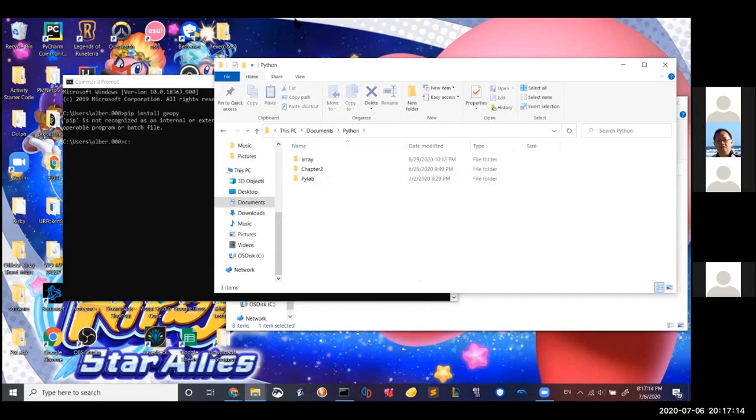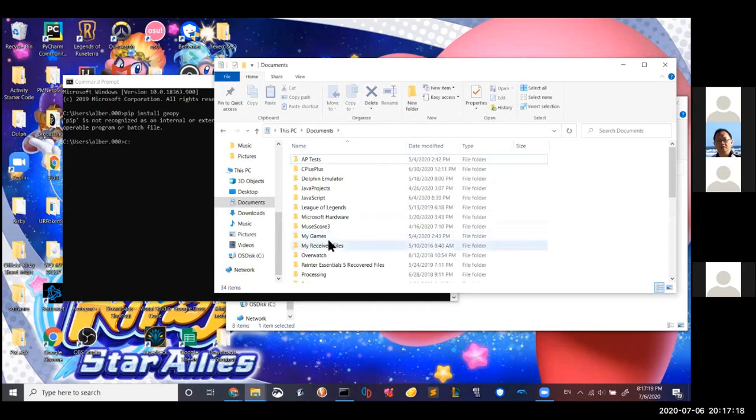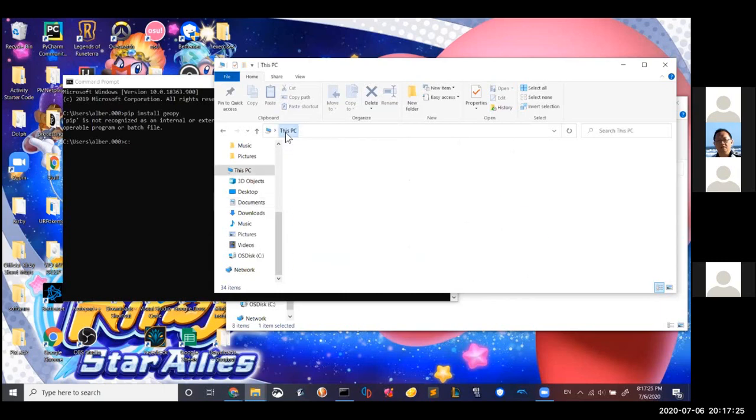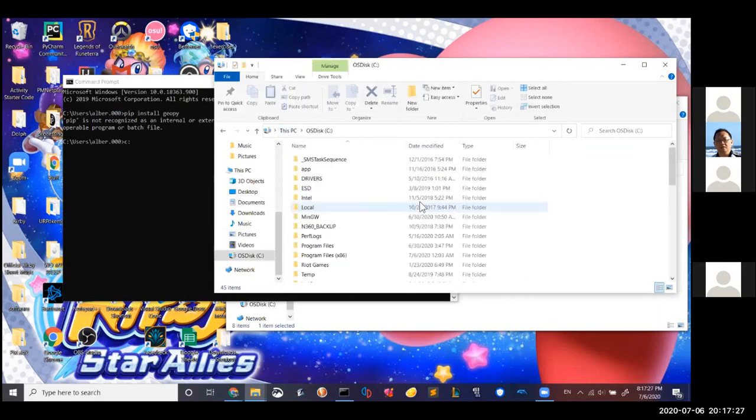This one is a project array. It should be in your maybe PC, Users. Where is Users? It should be this C drive, you have Users.